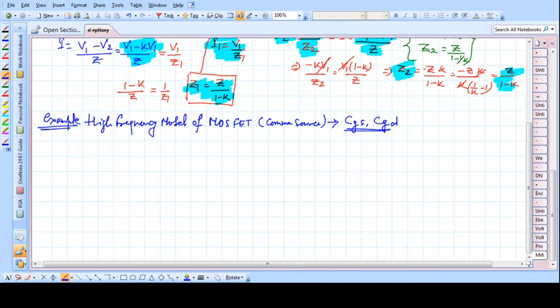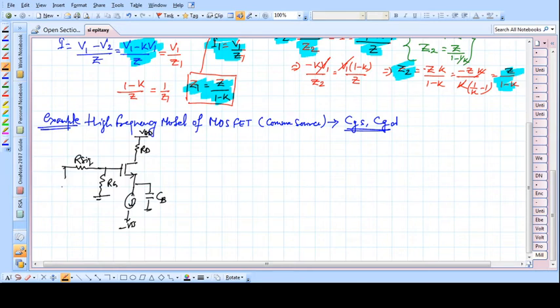How? For example, I am just taking the common source circuit. Say this one, minus CSS, some bypass capacitor CB, and some resistance RD, VDD, and one resistance RG, and some signal resistance R signal, and some V signal.